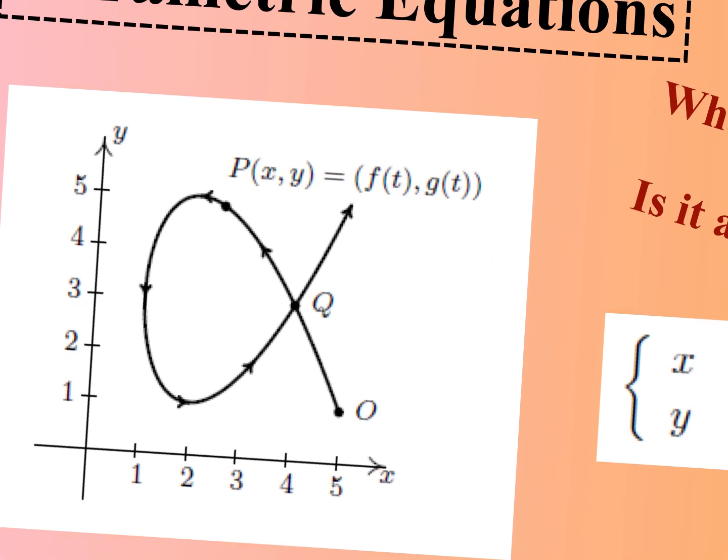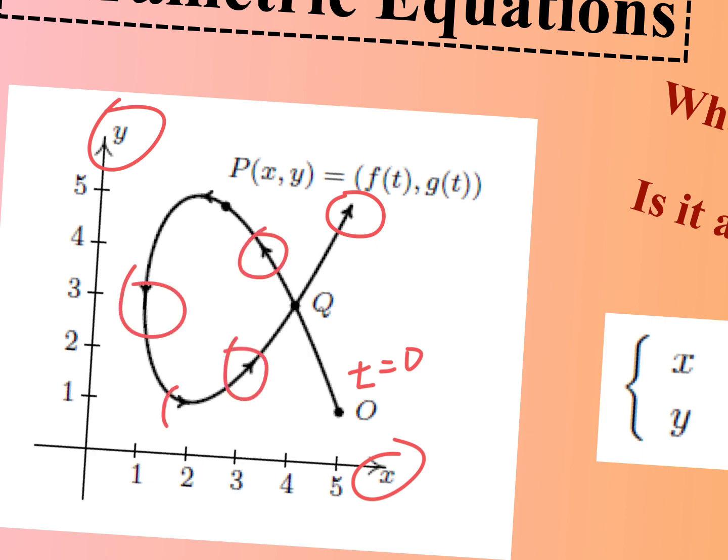I think that this is written in an overly complicated way, but they've got x, they've got y, and then at each dot you'd have to label a t equals. So let's say he starts there at t equals 0. Do you see the directional arrows along the way? They're showing what direction this thing went, and that's also important on parametrics. They start at a certain place, they go a certain direction, and they end at a certain place.